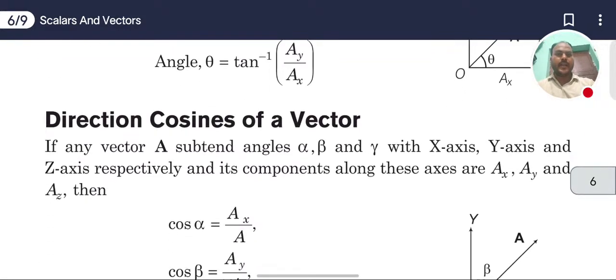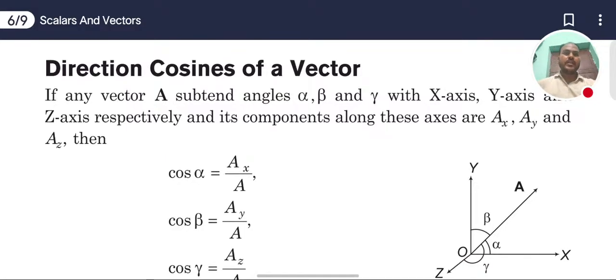Now move ahead. The next topic which we have is direction cosine of a vector. If any vector a subtends angles alpha, beta and gamma with the x-axis, y-axis as well as the z-axis, then here in the direction cosine of a vector we are discussing the 3D, which means three-dimensional, three directions, alpha, beta and gamma.